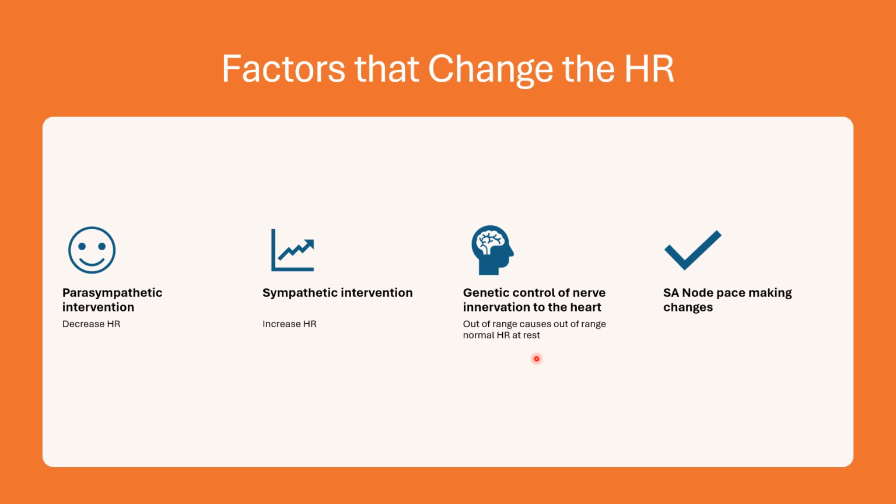And in fact, while some of us can have a resting heart rate of 60, 68, 70, some of us sit at a resting heart rate of 90, 95. And that might be under genetic control because of the differences in nerve intervention that we have in our heart. And the SA node pacemaker, its efficiency and its ability to work are also factors in controlling heart rate.